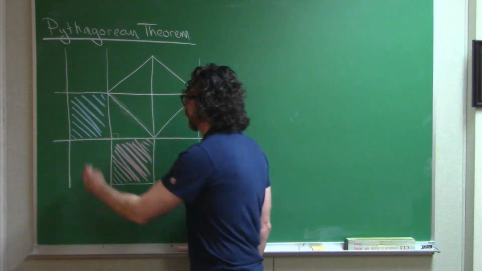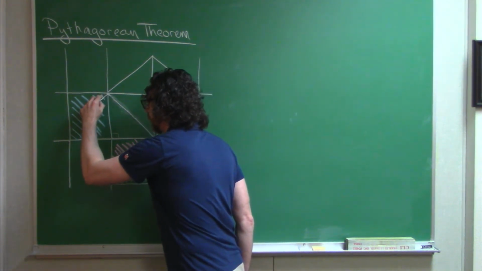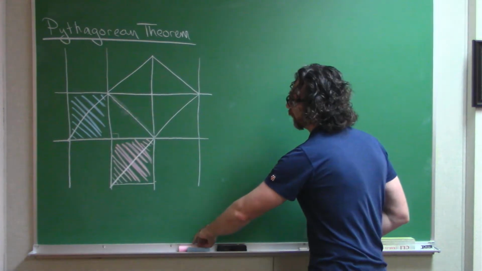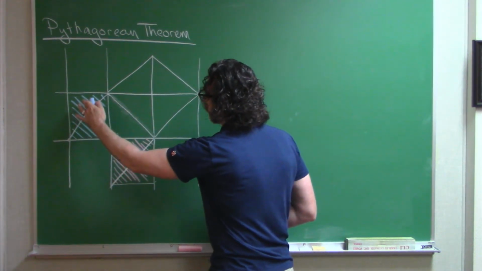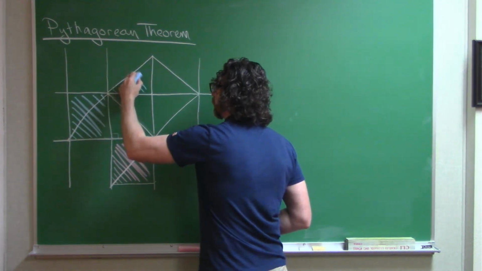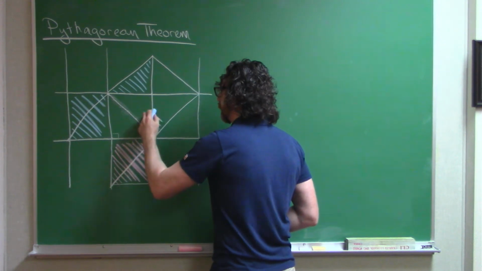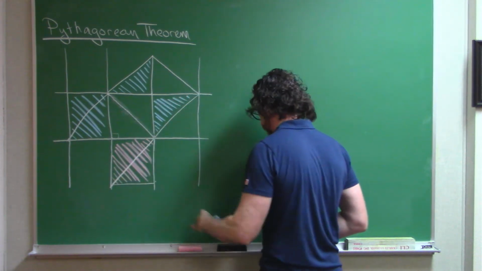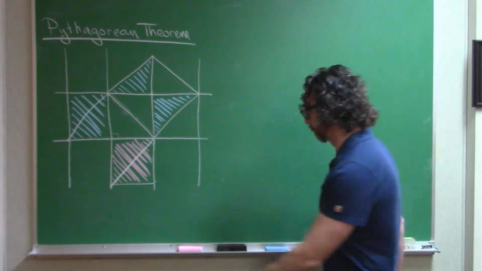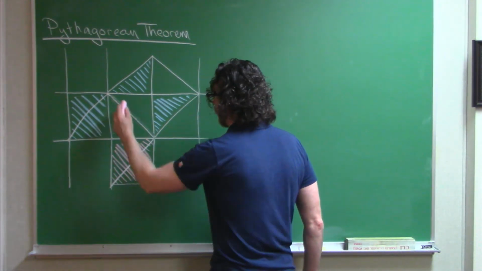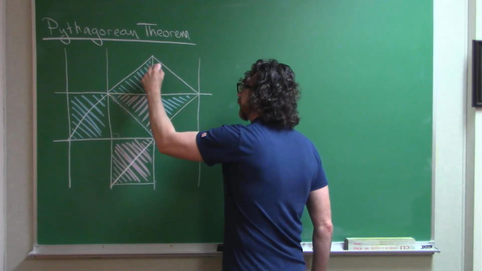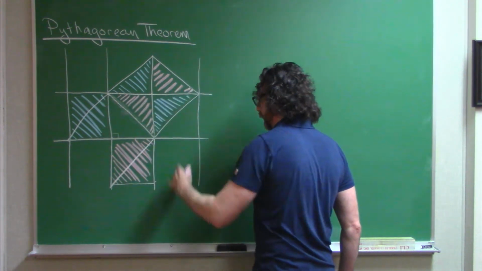But of course, each of these shaded squares can be cut in half as well into these triangles. So you notice we could take this blue square and fill it in here and here. And we could take the pink one and fill that in here and here.